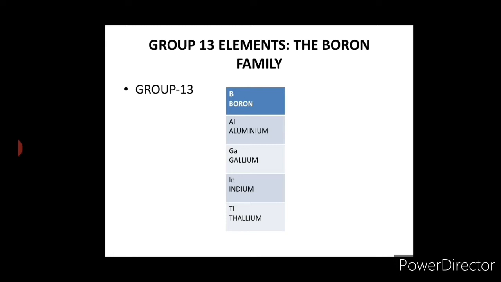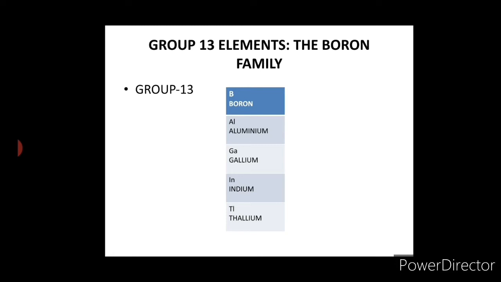Now we'll discuss the group 13 elements, and the first member of this group is boron, and after the name of the first member, this family is called the boron family.